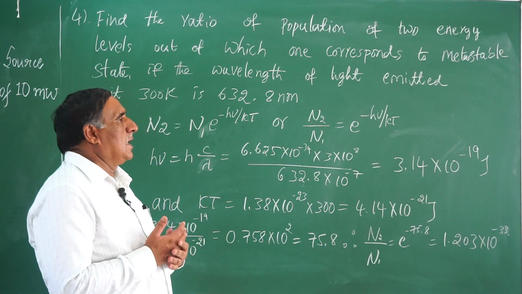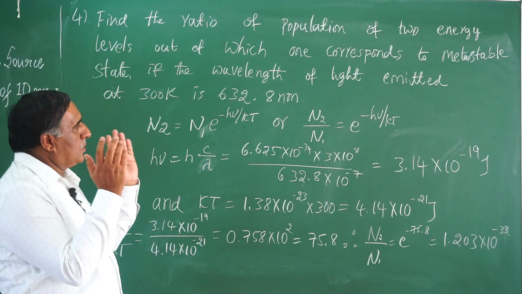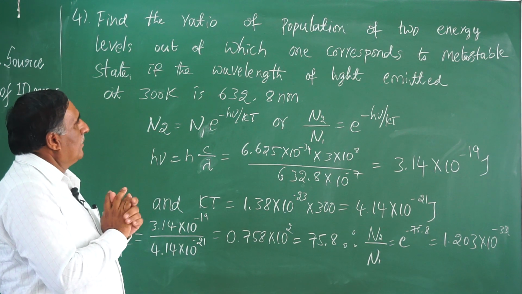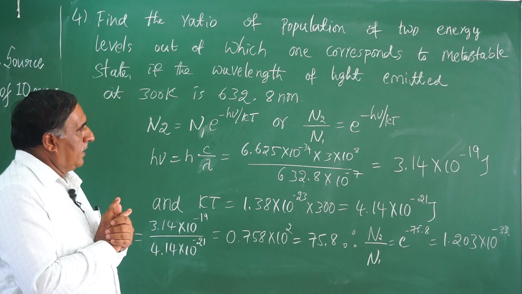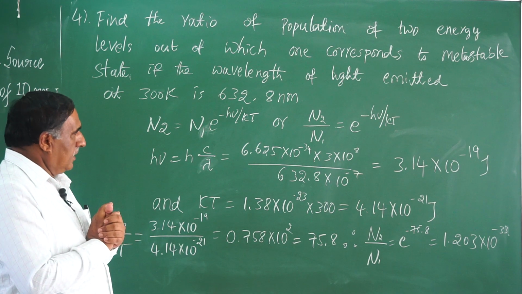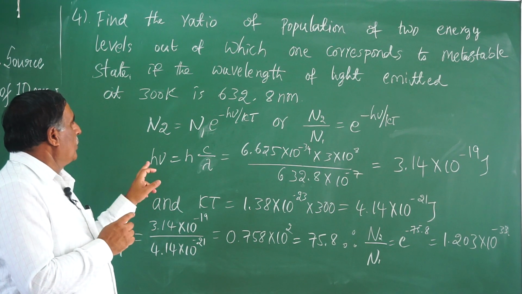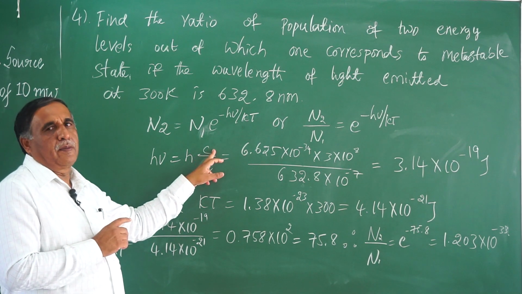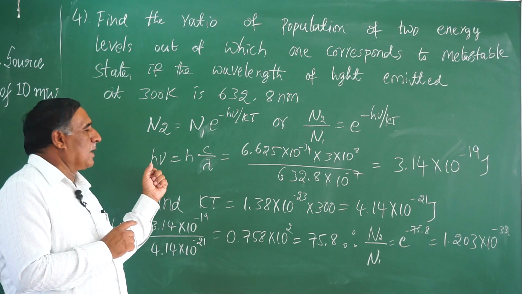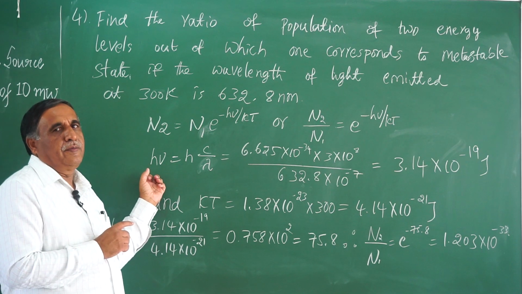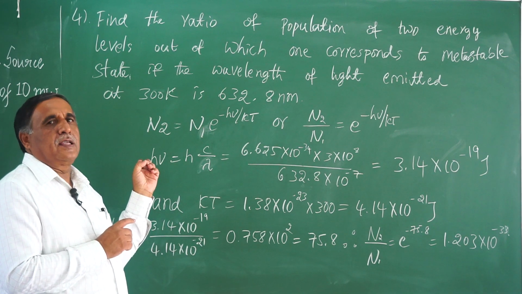So, what I suggest is to calculate separately instead of substituting directly in that relation. First calculate the numerator part of the right hand side of the equation. So, h nu is equal to h into c by lambda. Keep in mind that in the calculation we always take h nu, but the wavelength is given.